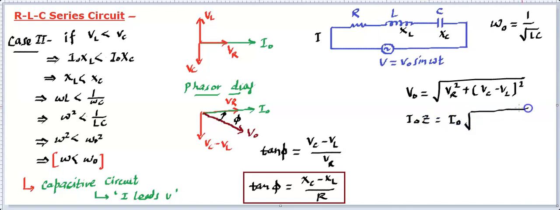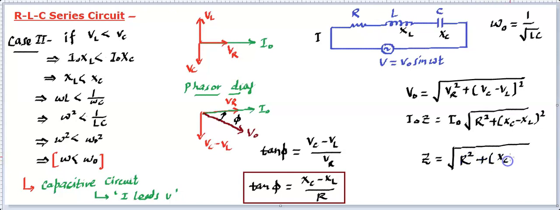After putting all the values, it will become R square plus (XC minus XL) whole square. So properly you will get Z impedance as the square root of R square plus (XC minus XL) square, which you'll find numerically will come the same value as for the first case. So this will become the value of Z or impedance.